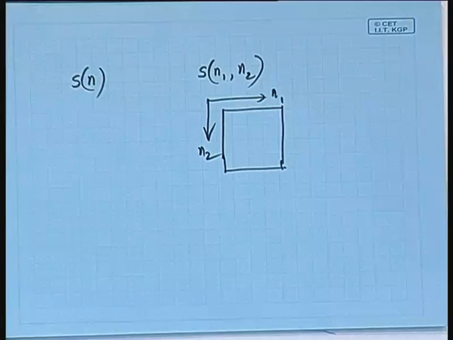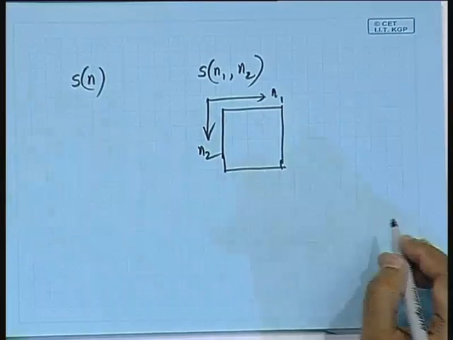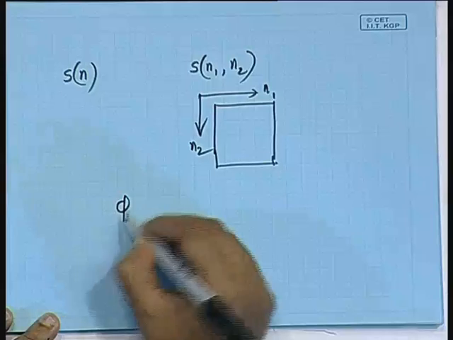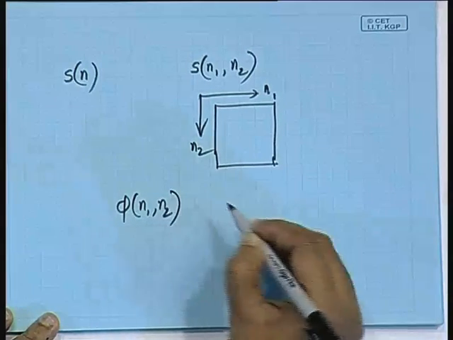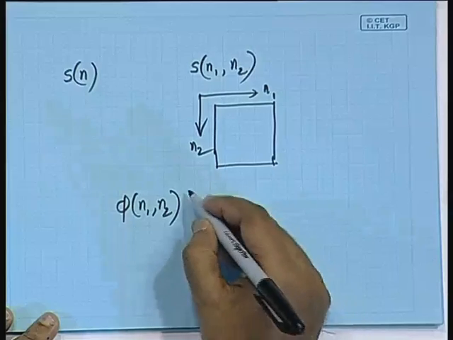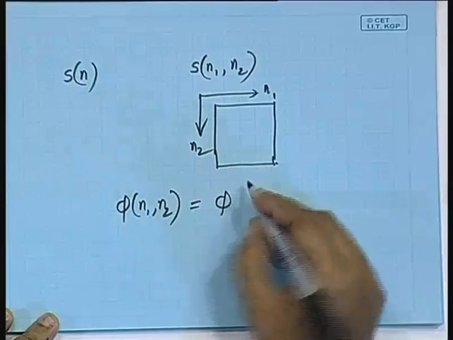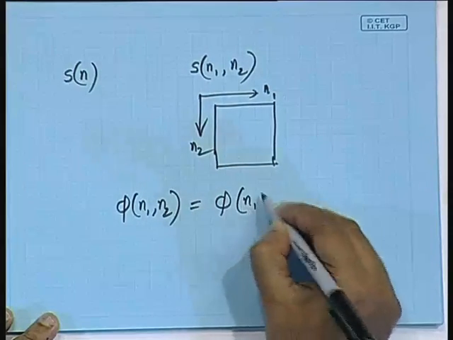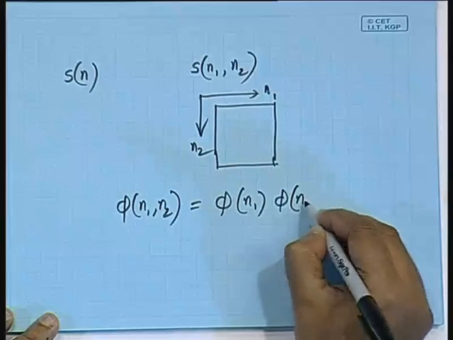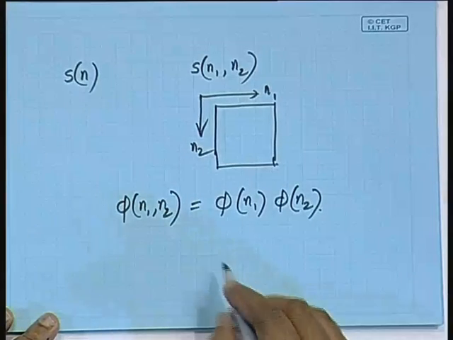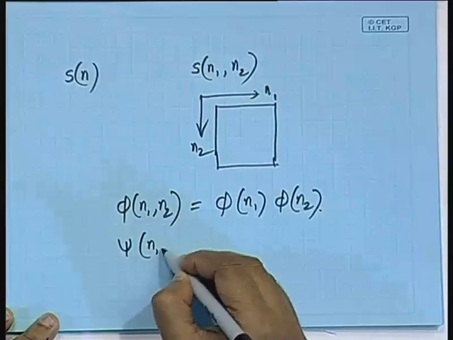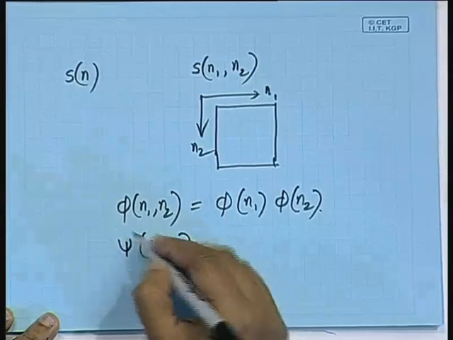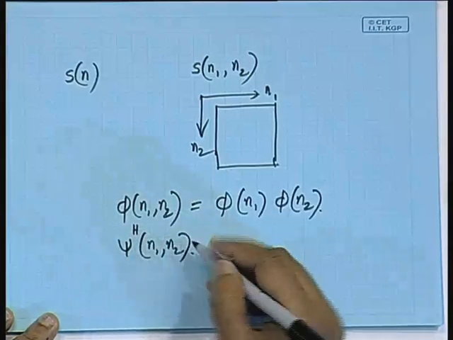By having it like this, we can define 4 different filters. We define a filter called phi n1 n2, which is nothing but the product of phi n1 into phi n2, and then we define another filter, psi n1 n2, but call this psi with a superscript h.